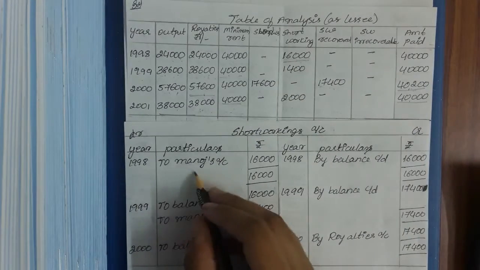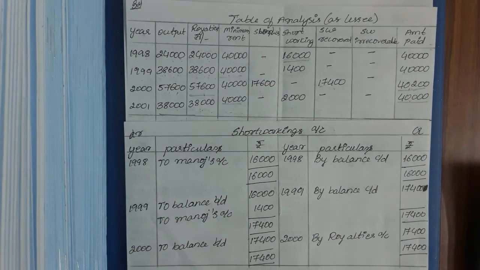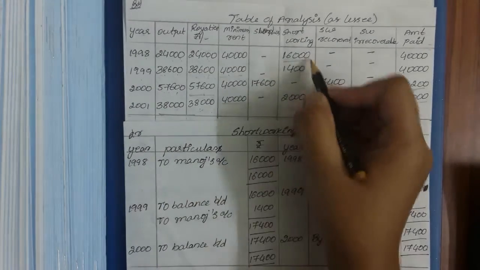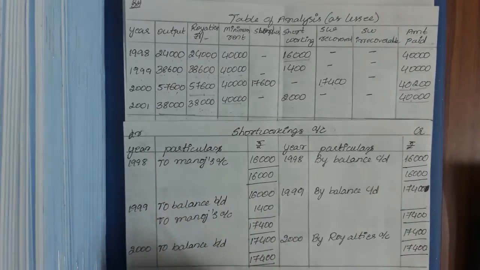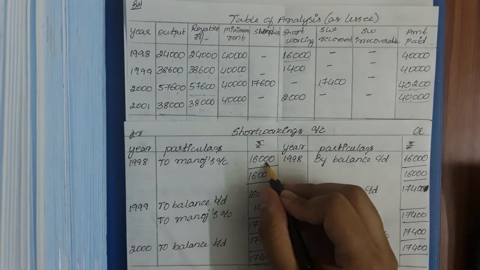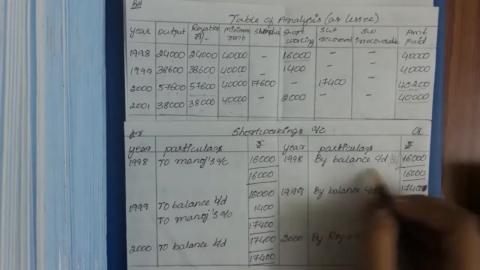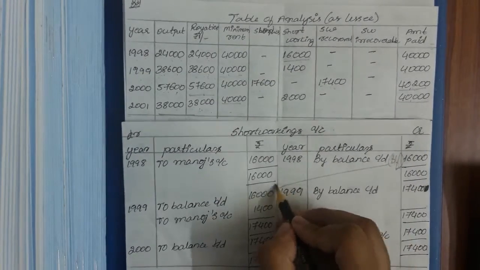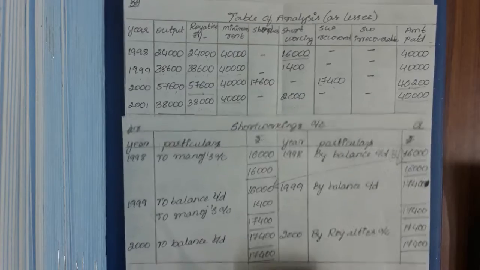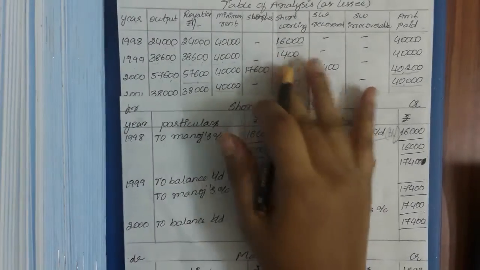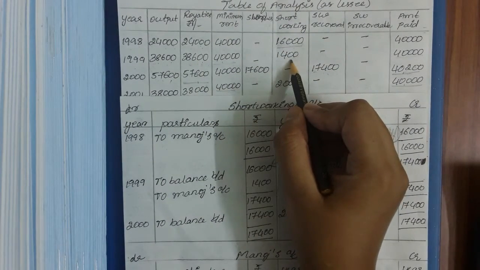Debit to Manoj account, for the purpose of paying to Manoj we incurred it. Who is Manoj? He is the landlord. To Manoj account 16,000 is the royalty. I couldn't recover the 16,000 in the first year itself, so we take it as balance carried down to the next year, that is 1999. Even in the year 1999 we have 41,400 as a short working.